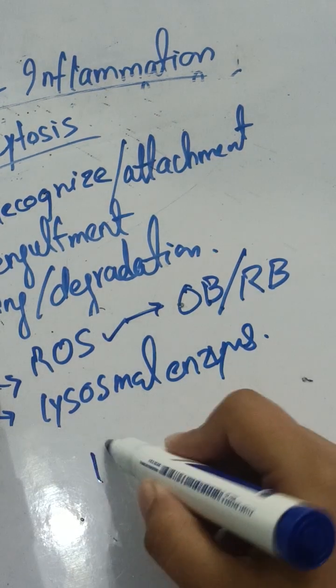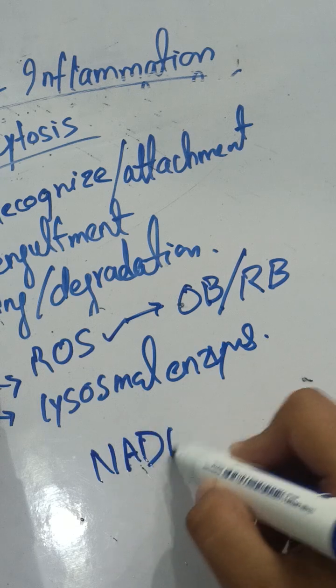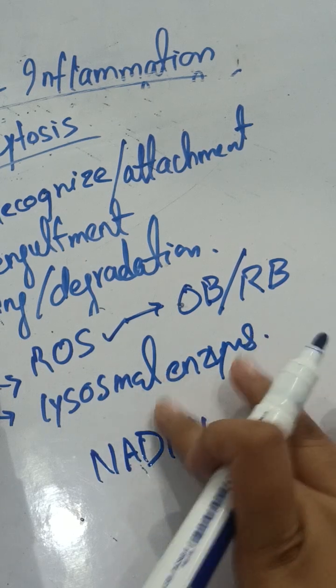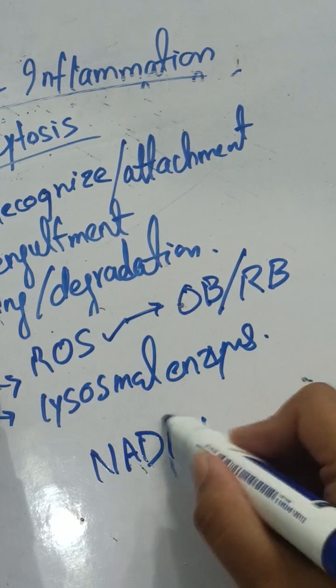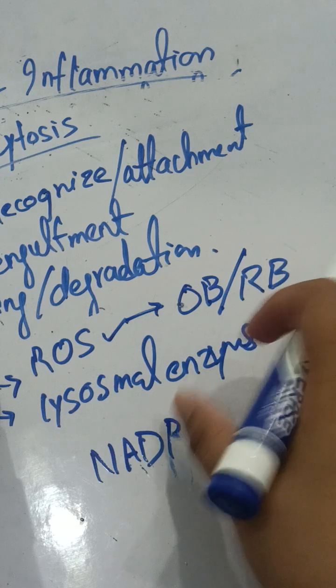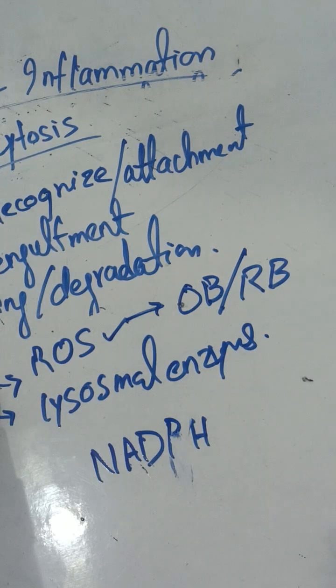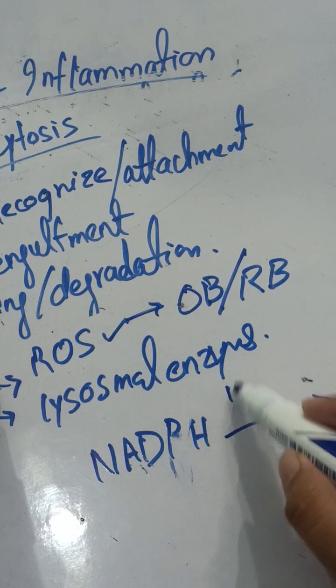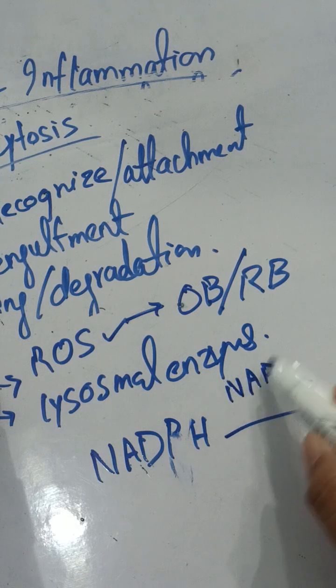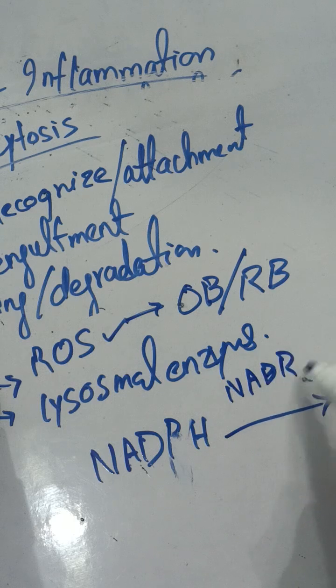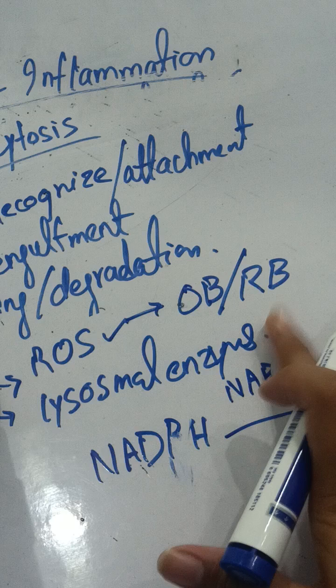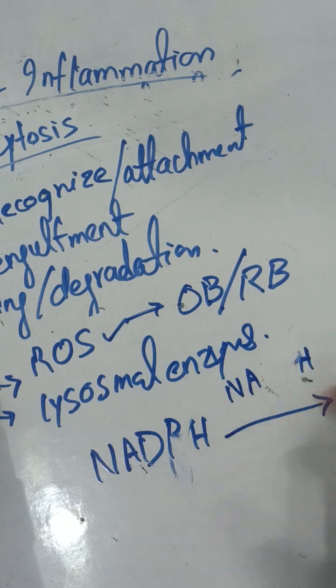So your NADPH inside your body will undergo the oxidative burst with the help of an enzyme called NADPH oxidase. I wrote the P as an R again, I don't know why I always do that.